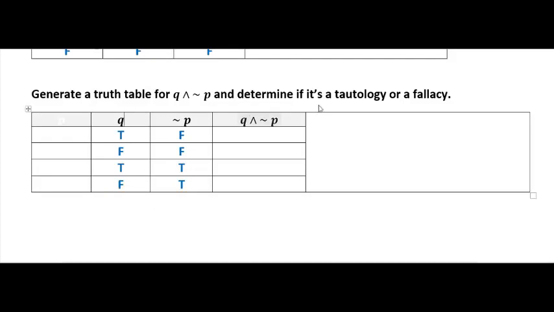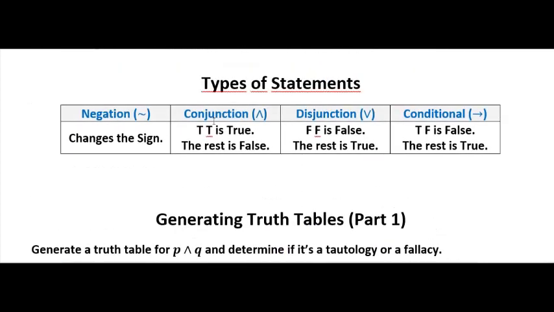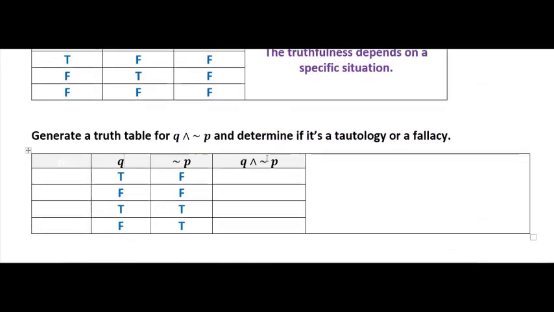What is the rule for the conjunction? The rule for the conjunction is that only when both of them are true are we going to have true. Otherwise, the value will be false. Okay, so let's see if we have double T's. Do we have double T's in here? No, right? None of the cases have double T's.